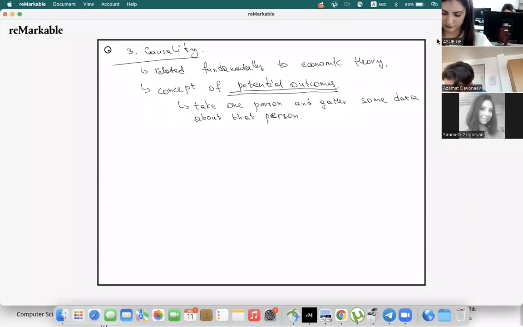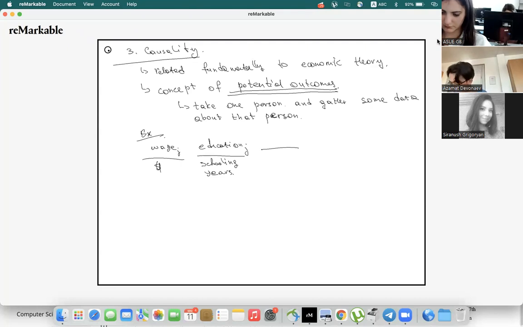For example, you have wage for this person J, which is measured in dollars. You can see the education of this person J, which is measured in, I don't know, schooling years. Some other factor that can explain wage?